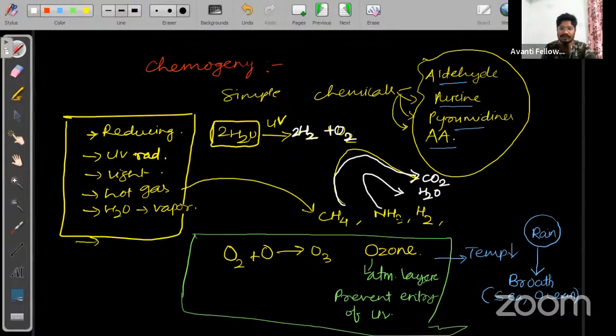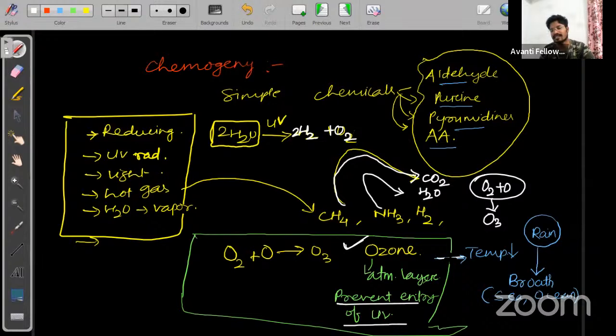Along with that, molecular oxygen was produced. The molecular oxygen also got bound with atomic oxygen, and it resulted in formation of O3, that is the ozone layer, which formed the atmospheric layer and prevents the entry of UV radiation.